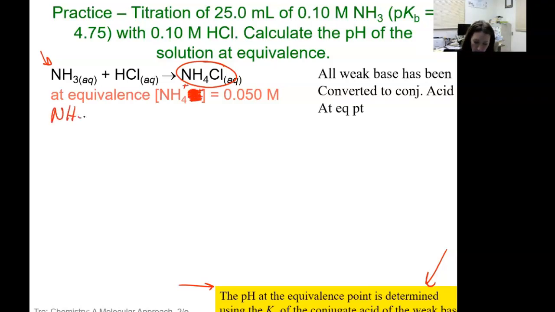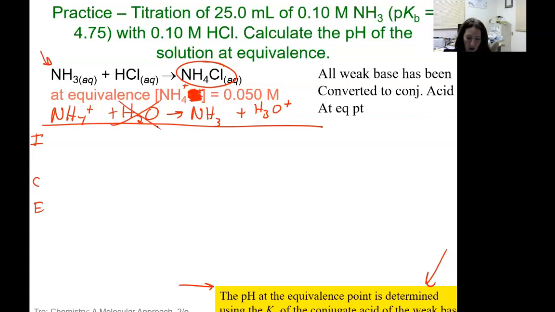So when you put NH4 plus in water, we make, right, this is an acid, that means this is our base. Acids lose, Brønsted-Lowry, bases gain. So our ice table, I'm going to make a really big ice table. ICE. I'm just going to ignore my water because I don't need it.